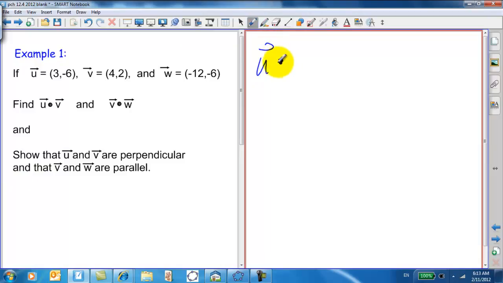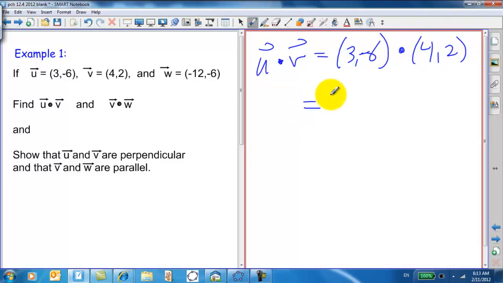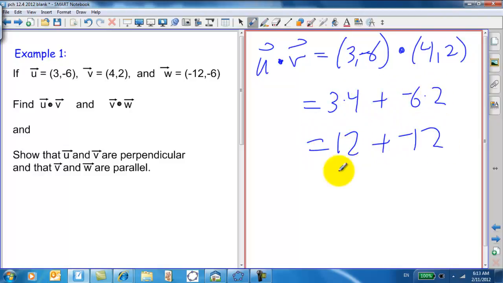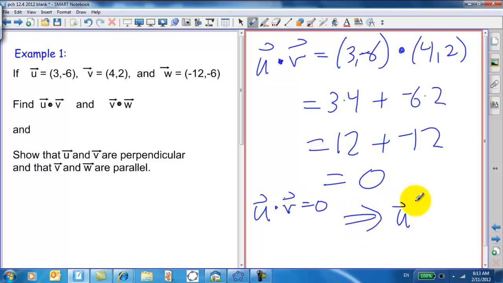U dot v equals 3, negative 6, dotted with 4, 2, and you get 3 times 4 plus negative 6 times 2, 12 and negative 12, that's 0. So since u dot v equals 0, that means u is perpendicular to v.